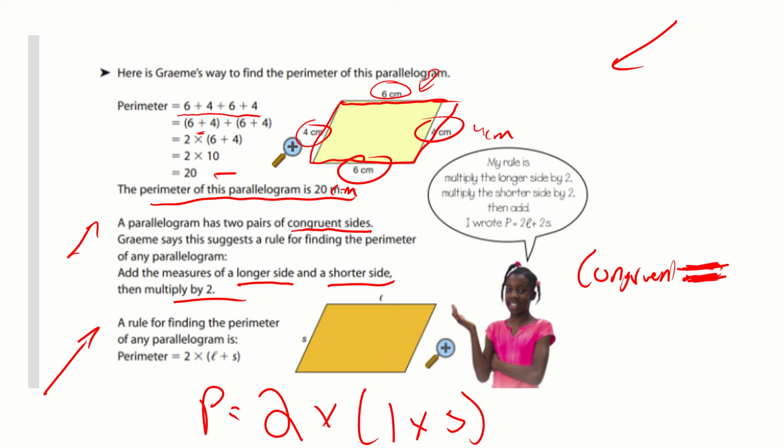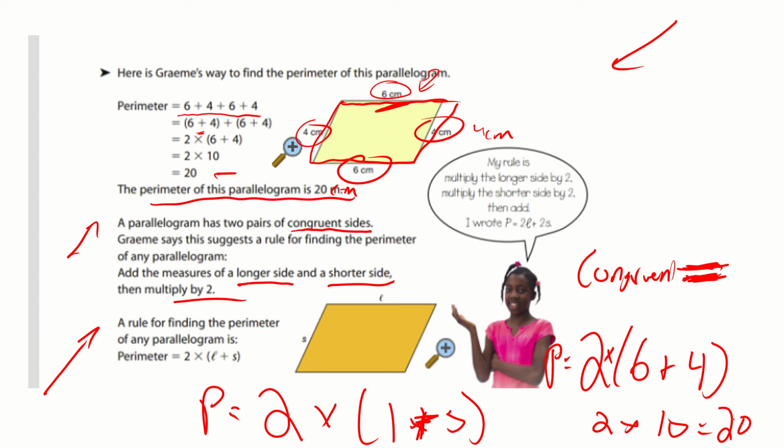So what we mean by that is if you look at this parallelogram, we have 6, so it would be P equals 2 times brackets 6 plus, sorry, it's a plus here, that's my bad, plus the side length, which is 4. So then we would go 6 plus 4 is 10, we do 2 times 10, and we would get 20.